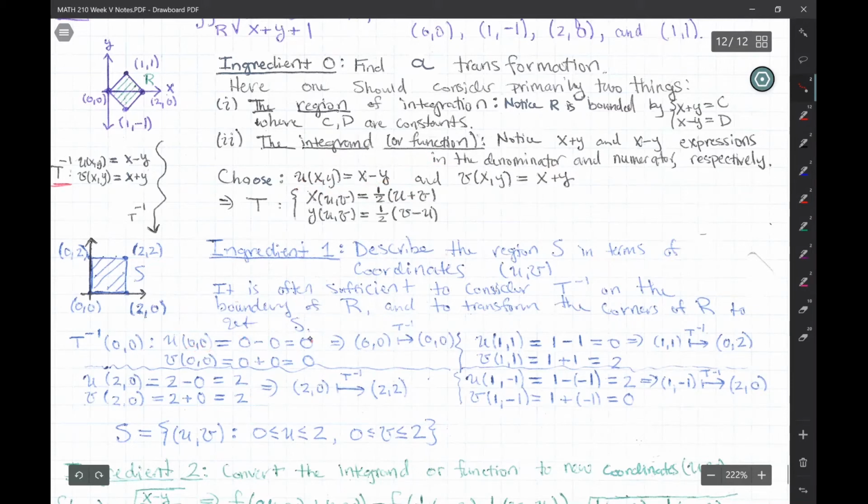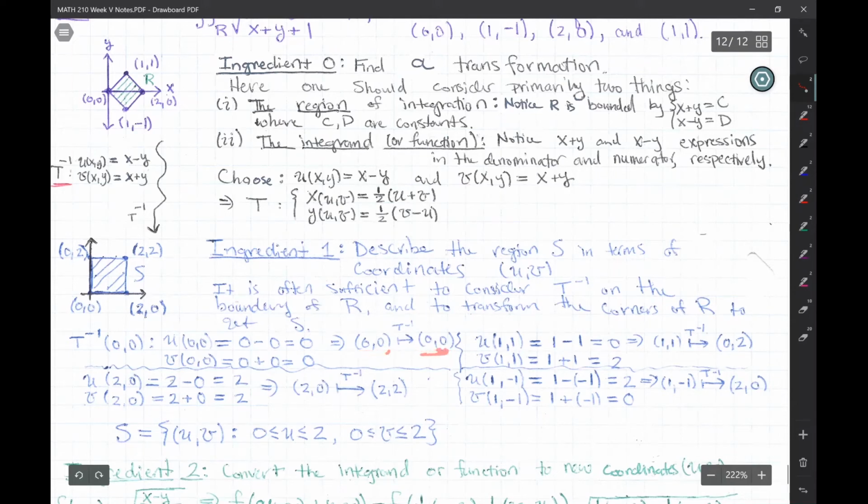We get 0 minus 0, so u will equal 0. And v of 0, 0 is 0 plus 0, and so v of 0, 0 is also 0. So where does the inverse transformation map 0, 0 in the xy plane? It maps it to 0, 0 in the UV plane.